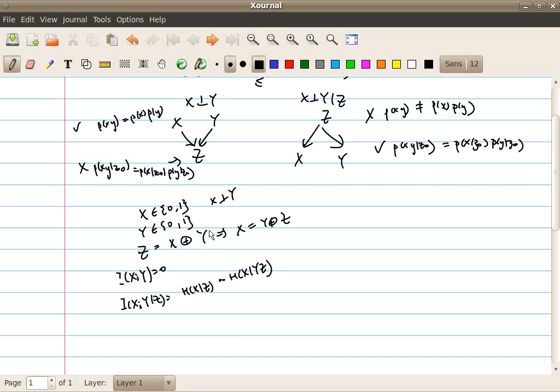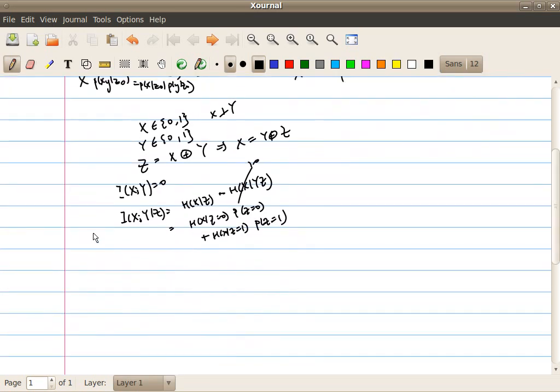So this goes to 0 because X is deterministic given Y and Z, and H(X | Z) is equal to H(X | Z=0) p(Z=0) plus H(X | Z=1) p(Z=1), and so on.